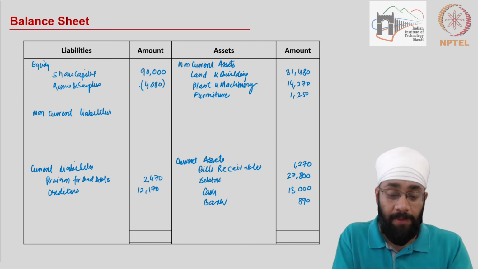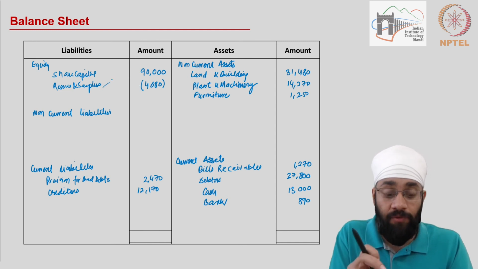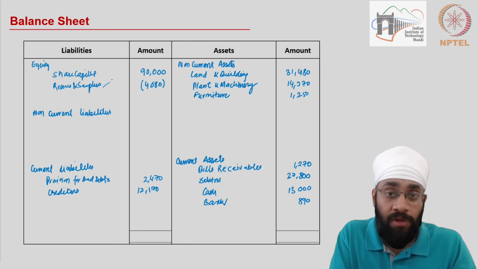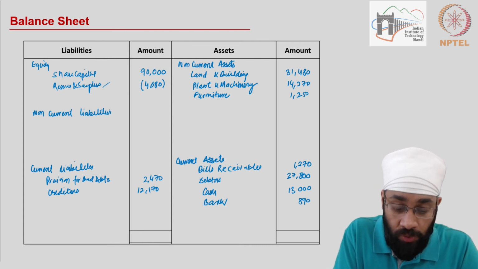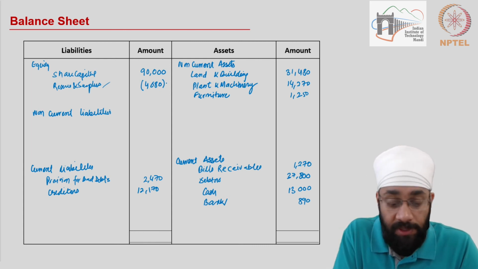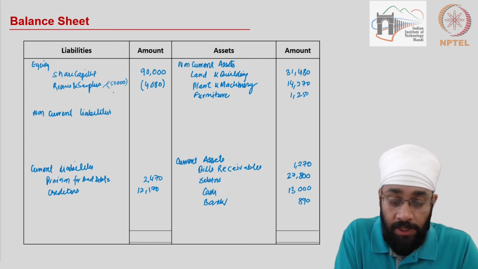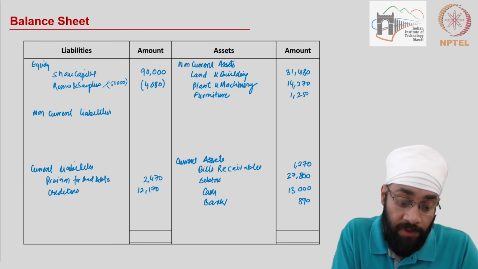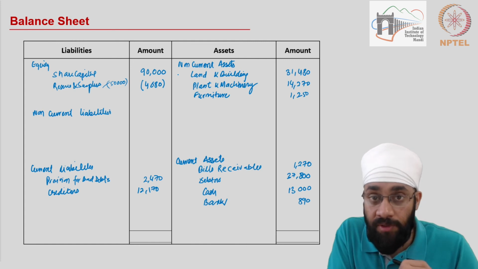So typically what would happen is, in a business you will already have some balance in the reserve and surplus from the previous year, and then you will reduce that balance by this amount. However, this is a standalone example practice problem. Here you just show it as negative, but what would happen is, you had, let's say, 50,000 in the reserve and surpluses. So now the amount that you will show here will be 43,320, whatever the amount this comes out to be.